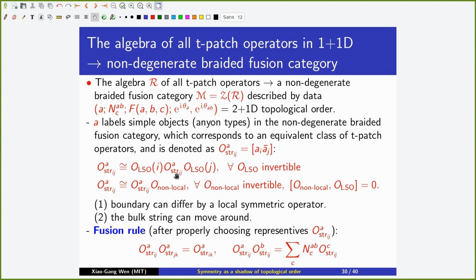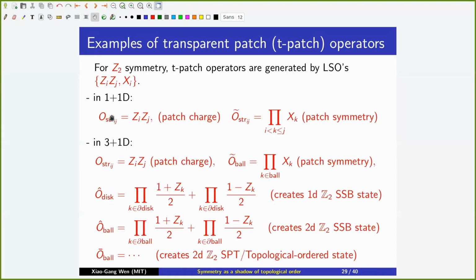This is very much like how we define topological excitations, anyons. If anyons differ a little bit by a local operator, they are the same. Same idea: if the ends of a transparent patch operator differ by some local symmetry operator, we say they are the same. Okay. So therefore, those types of operators are necessary.